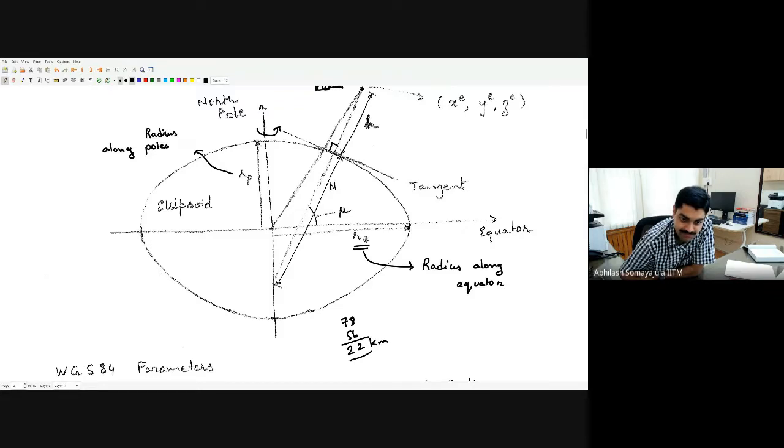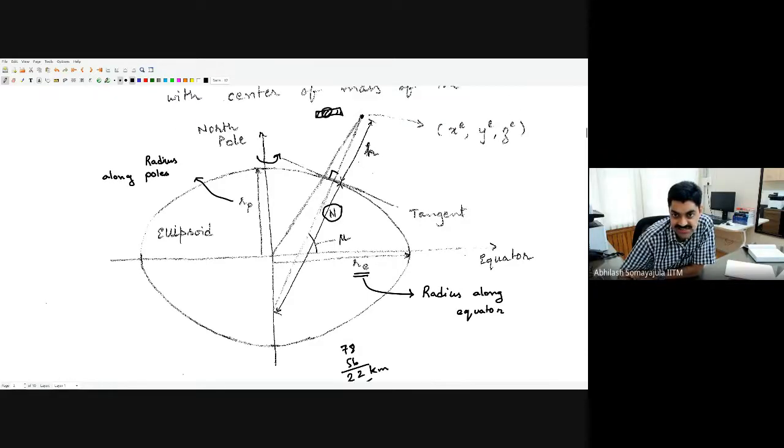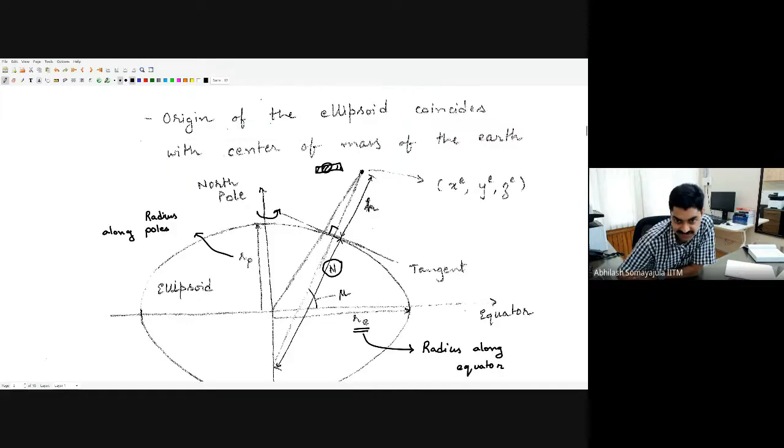That distance from that point till this tangent plane I denote as N, capital N. Okay. And the distance above the Earth's surface from the tangent plane till the point of interest, that is what I represent as h. That is the height at which it is.